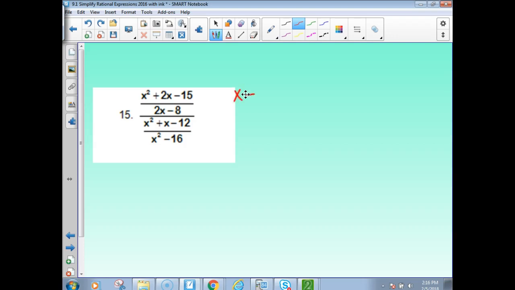All right, x plus 5 times x minus 3. Factor the numerator: 2 factors out times x minus 4. Change the middle division to a multiply, and then flip over that second one. X plus 4 times x minus 4.